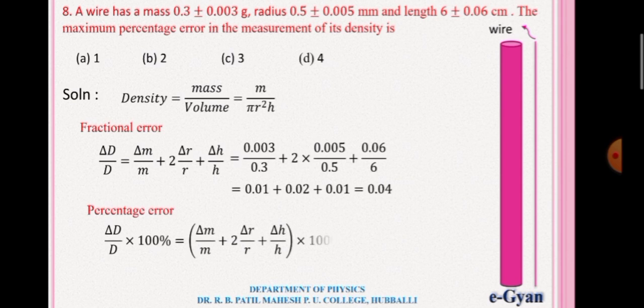If fractional error is multiplied by 100%, then we get percentage error of the density of wire, that is delta d by d into 100% is equal to delta m by m plus 2 into delta r by r plus delta h by h into 100%. Substituting the values in this equation, we get 0.04 into 100% is equal to 4%. Hence, option D is correct one.